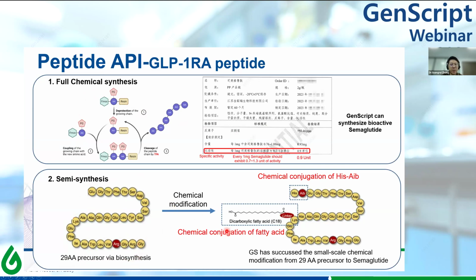We added some fatty acid, and we added the histidine and AIB to ensure the long half-life of semaglutide. And we have already succeeded in the small-scale batch and are running to the pilot batch for the semi-synthesis.